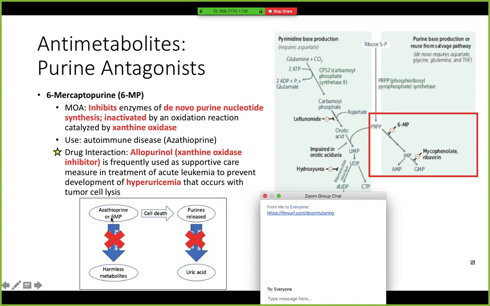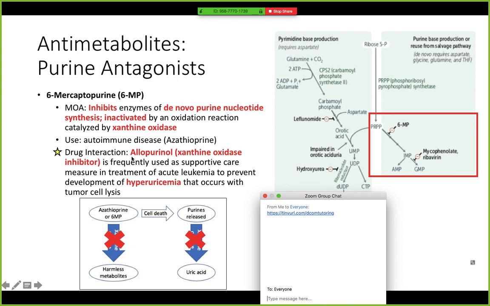When we talked about azathioprine, I believe azathioprine is converted to 6-MP, but the main point here is that both of these are metabolized by xanthine oxidase.